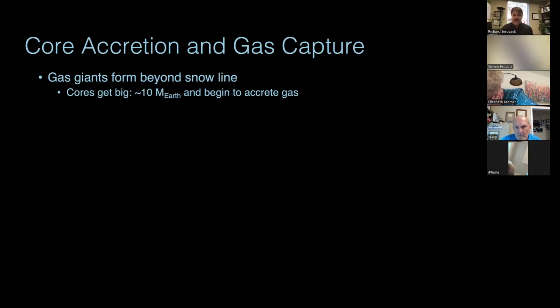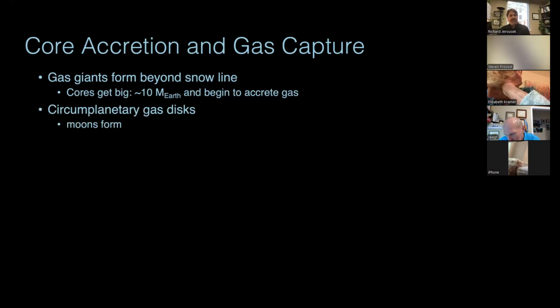Not true if you have an object that's 10 times the mass of the Earth. So these larger planetesimals, which are larger just because there's more stuff outside the snow line, start grabbing the hydrogen and helium gas that's surrounding them. From that gas that's sort of swirling around, they form their own circumplanetary gas disks.